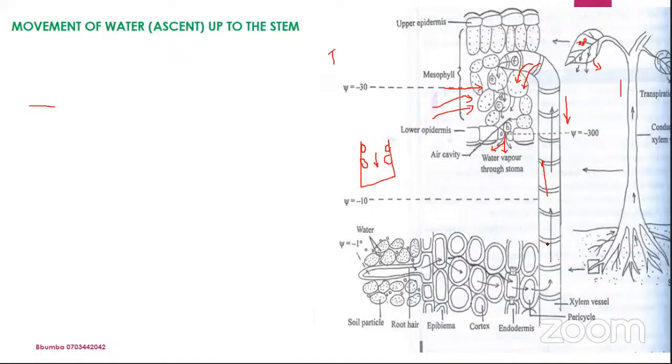Okay. Then another force is the cohesive force. That is the force between the water molecules themselves within the xylem. That's a water molecule. The cohesive force is that force in between the water molecules themselves.